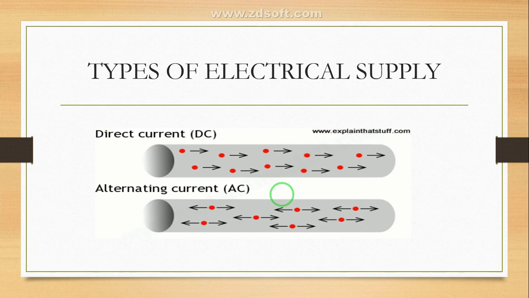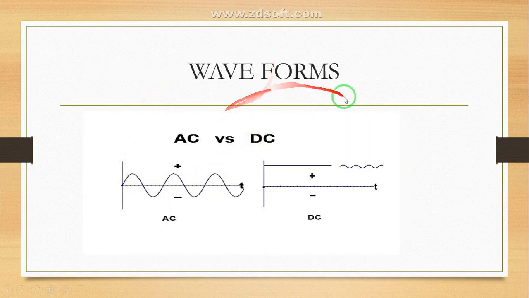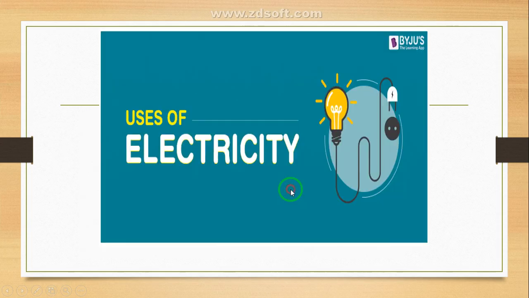These parameters have a variable nature of magnitude and also direction. Next, these are the waveforms of alternating current and direct current. The alternating waveform has a variable nature, and direct current maintains a constant nature.